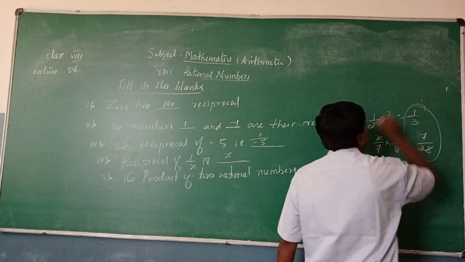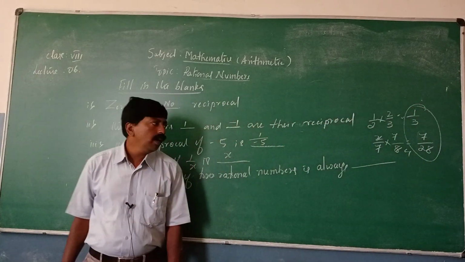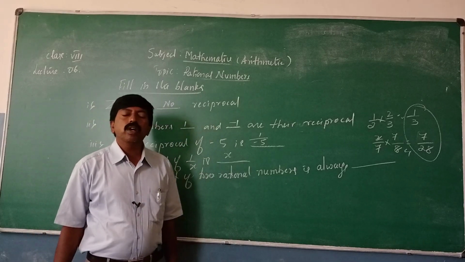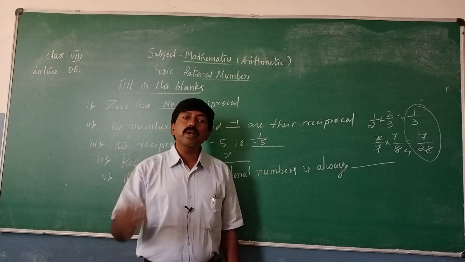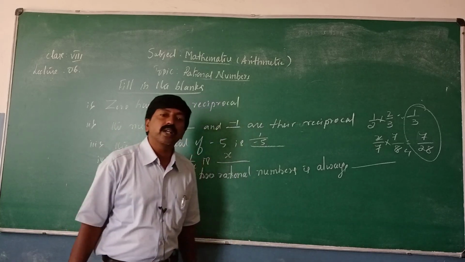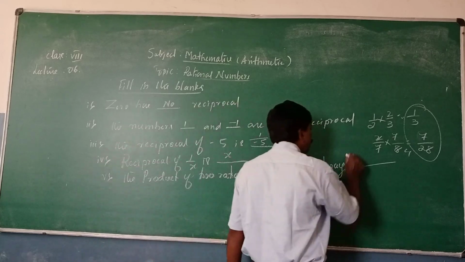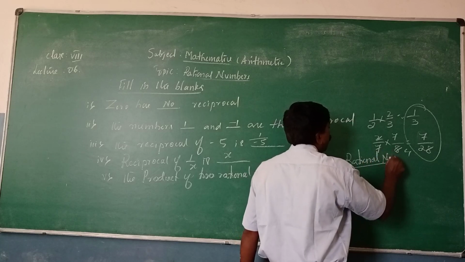Observe these two. 1 by 3 is a rational number, and 7 by 28 is a rational number. Therefore, what do we conclude? A rational number multiplied with a rational number is a rational number.